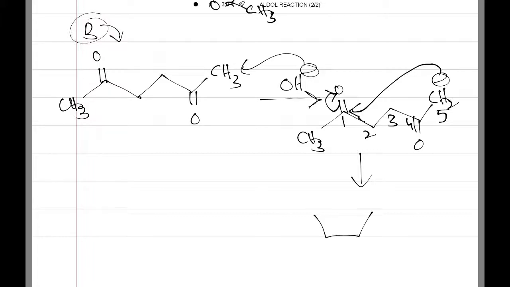I am writing the 5-member ring this way, and give the numbering wherever you want. I want to give from here 1, 2, 3, 4 and 5. Now the first carbon has oxygen with the negative charge, and along with this CH3 is there.